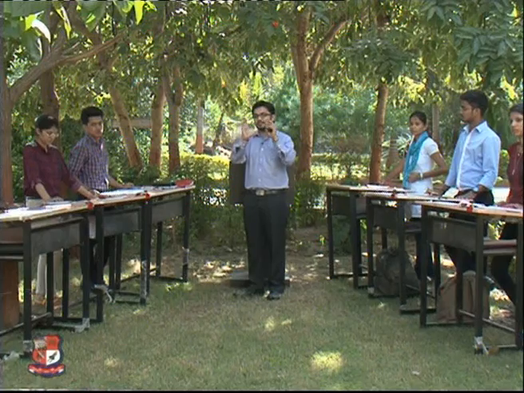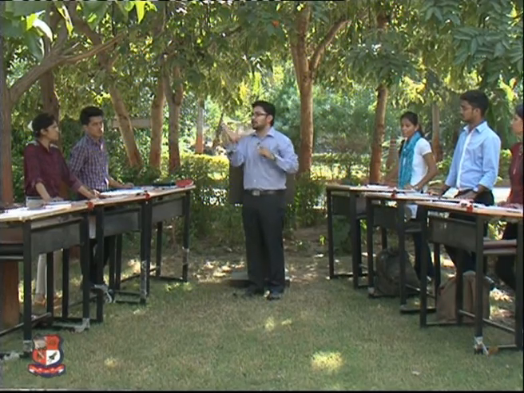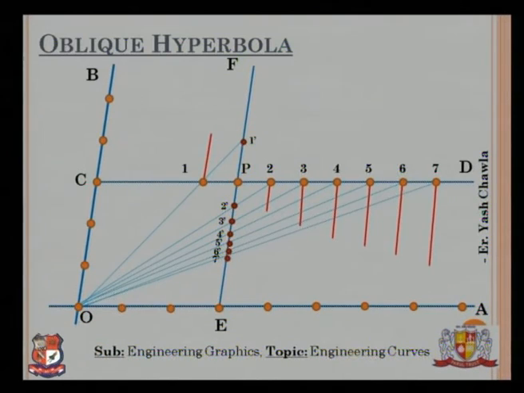Say for example, they say that it is making an angle of 70 degrees, but the base is also making an angle of 10 degrees. So in this figure, what will change is that the oblique line will remain the same, the line which is making an angle of 80 degrees right now with the base will remain the same, but the base, which is not making any angle with the horizontal, will make an angle of 10 degrees with the horizontal. So that can also be an oblique question.